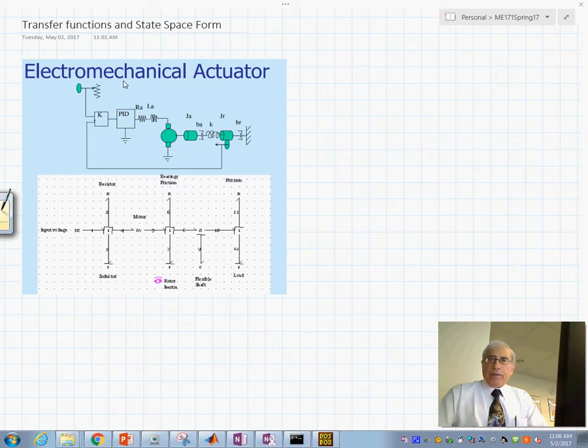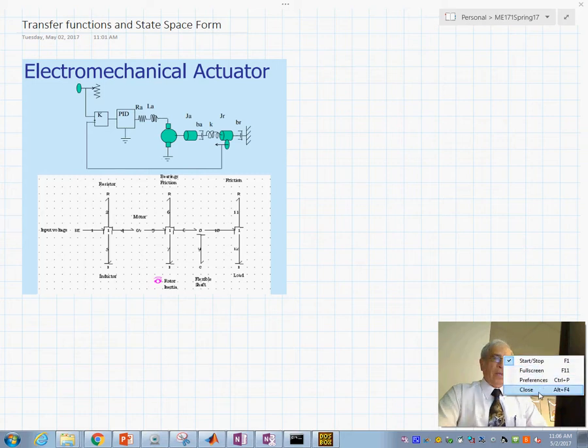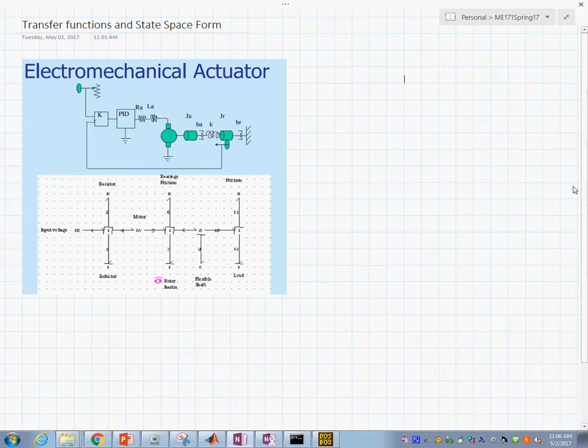First, we're going to have to put the state space form in general form, of this system, or any system for that matter. So how is that? We have that the state space form looks something like this.